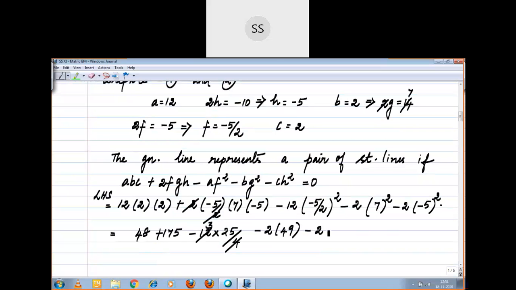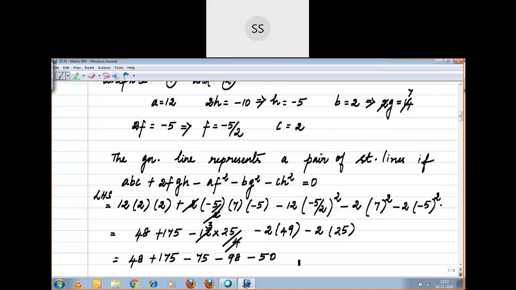Next, minus 2 into 49, minus 2 into 25, which is equal to 48 plus 175 minus 75 minus 98 minus 50.